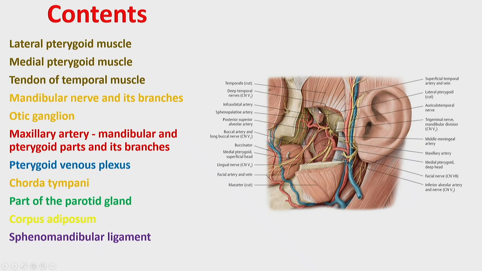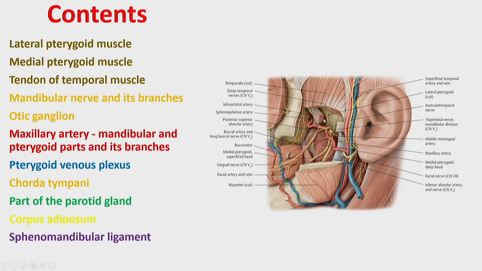Here is the cut edge of the lateral pterygoid muscle, and here the superficial and deep head of the medial pterygoid muscle. Then there is the tendon of the temporalis muscle, which comes down and attaches, cut here, to the coronoid process, and is continuous as the temporal crest.